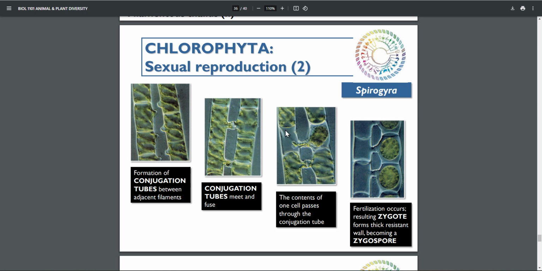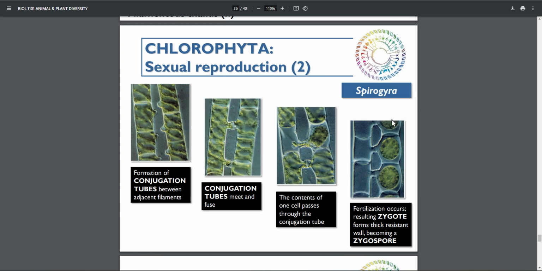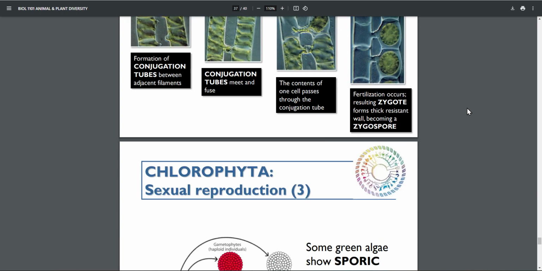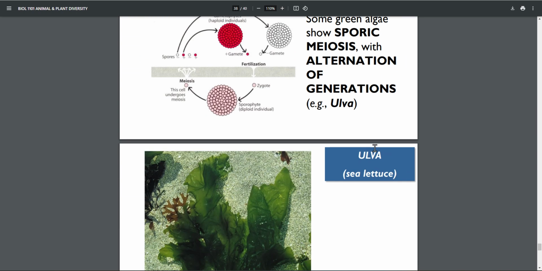One part of the cell would combine with the other and form the zygote. This is 2N, 1N, 1N, 1N. And I believe this is the one that would split into four spores, but only one would survive. The other three would be degraded. And then this is sporic meiosis with the alternation of generations.